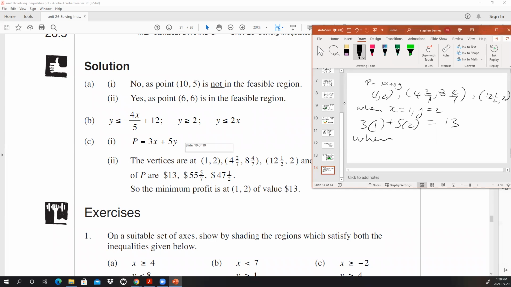But common sense can tell you that this gives the smallest amount, because all these other values are bigger than 1 and 2. If you look at even this one, 2, 2, the y values are the same, but the x values are far different.